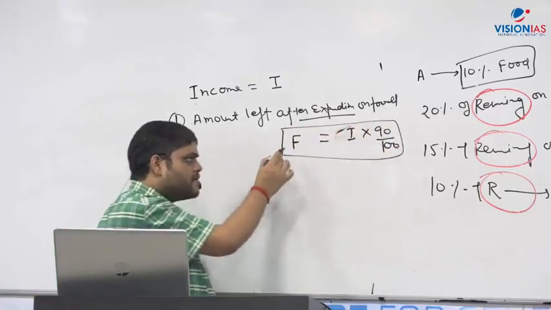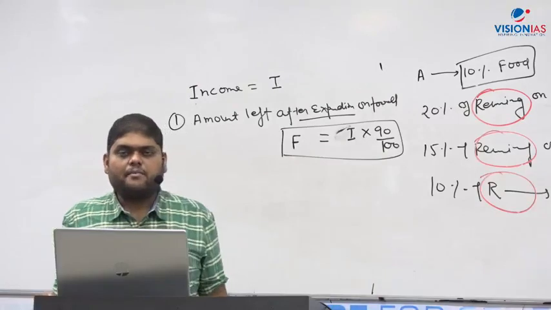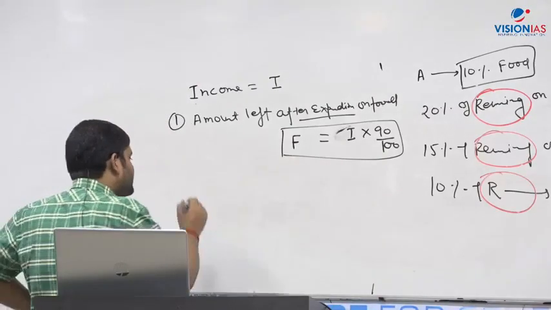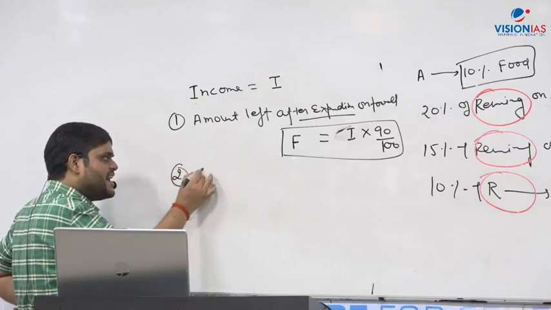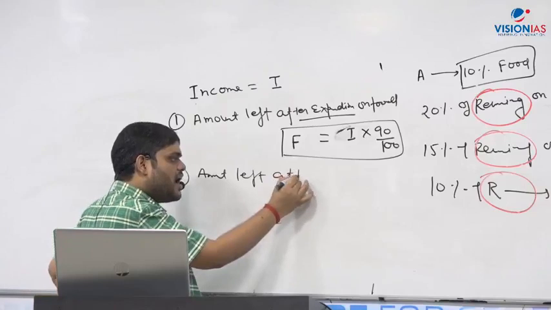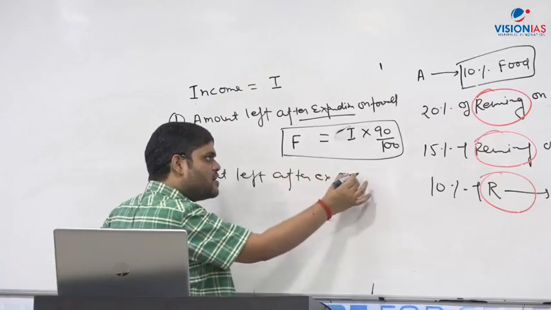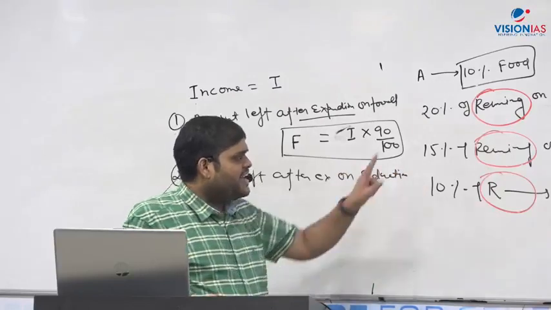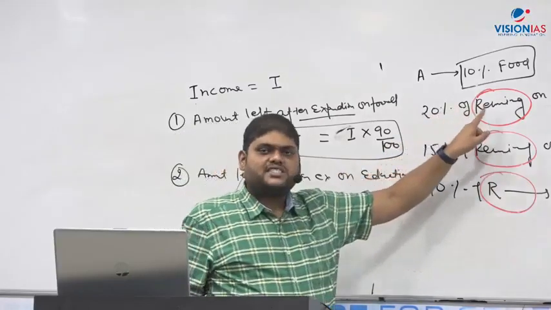Now look very carefully. What is the second case? Second case is amount left after expenditure on education. So now he is using 20% of remaining.